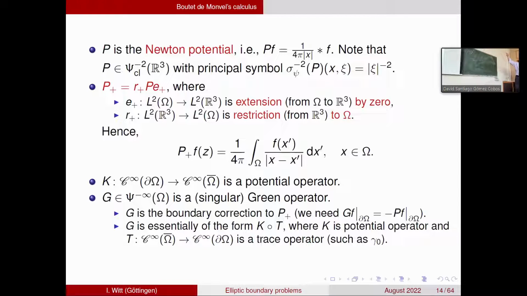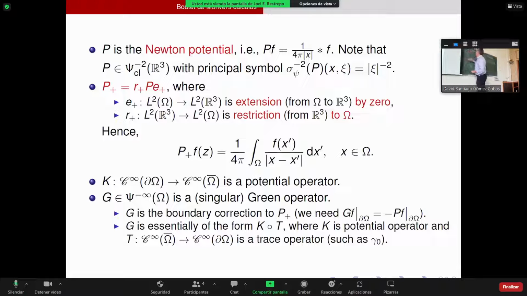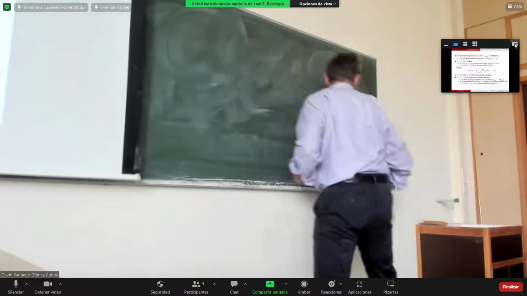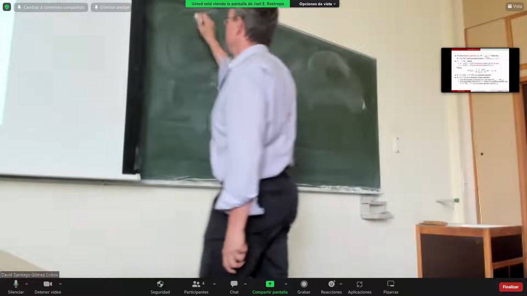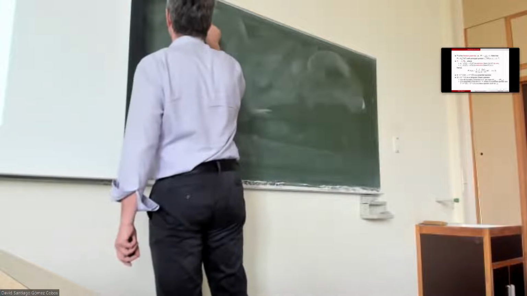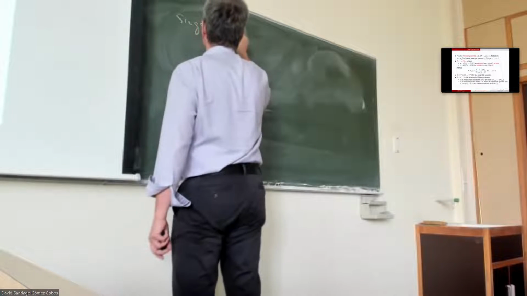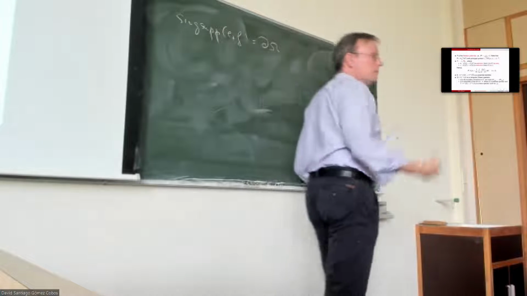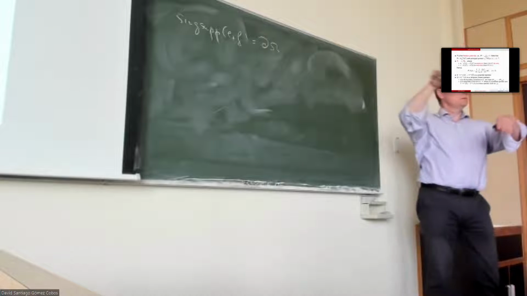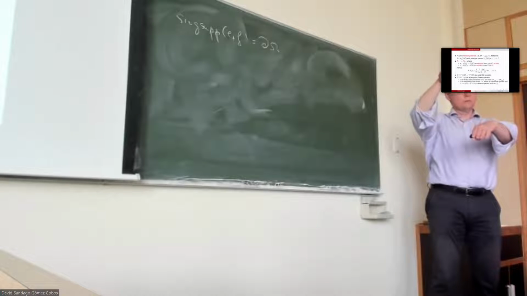Let's now look at the boundary. Okay, so now we have one problem. We do this extension, and if we do extension by 0, the singular support of E plus F will in general be the whole boundary.